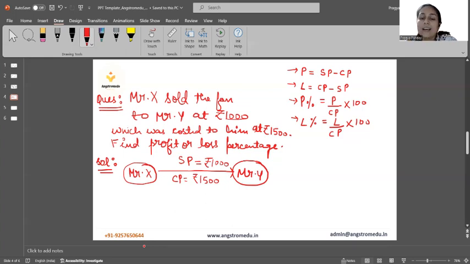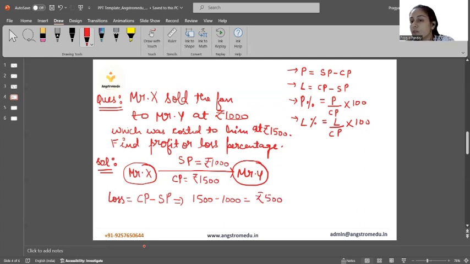So obviously, if cost price is greater than the selling price, the condition will be of loss. To calculate loss, we know the formula is CP minus SP. If I solve, what should I get? 1500 minus 1000. So our loss is 500 rupees.